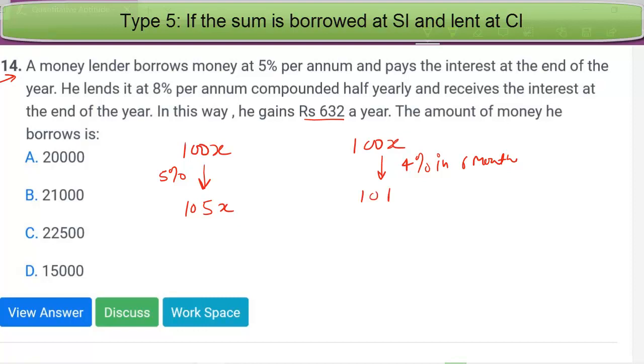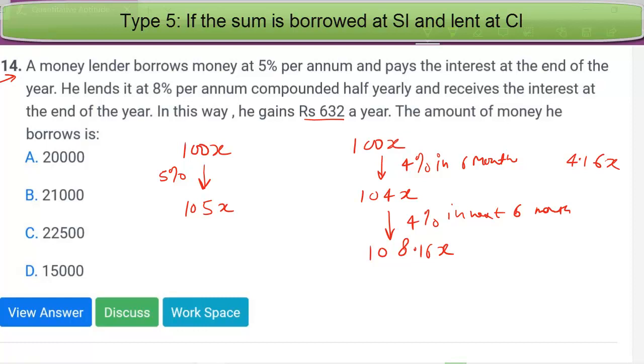Again 4% has to be calculated on this in the next 6 months. So you can add 4.16x, which is 4%, and that will become 108.16x, right? So 8% per annum compounded half yearly gives you this much money, 108.16x.